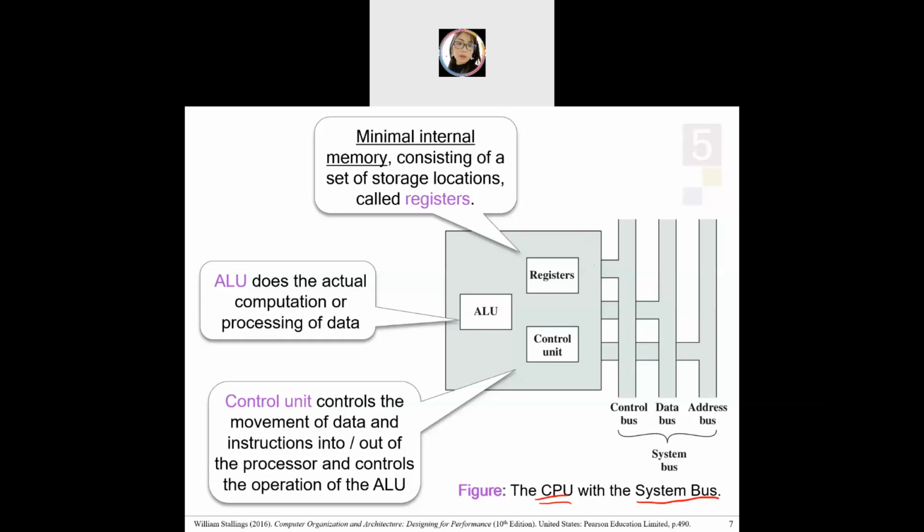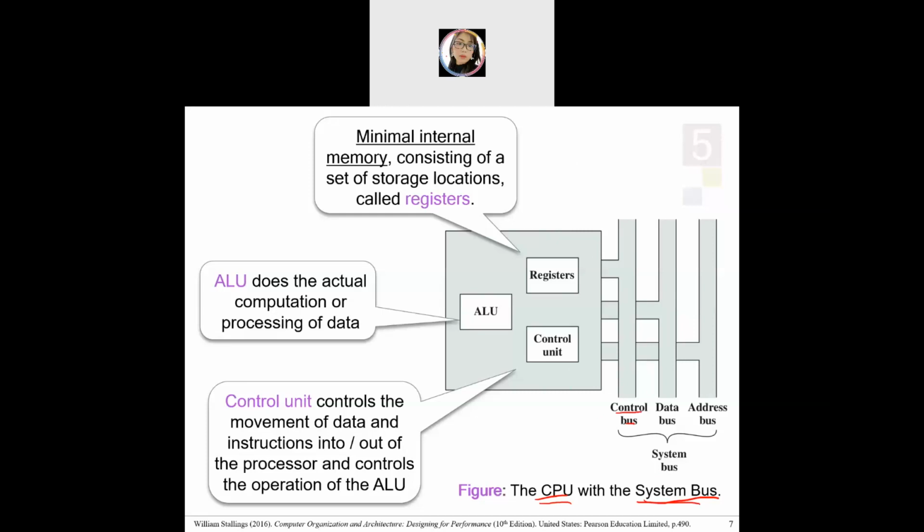You have a lot of types, similar to how we have a lot of types of veins in our body. I'm not a medical person, but there are a lot of types of veins, right? Similarly, in our system bus, we have the control bus, which gives you a connection in terms of controlling.